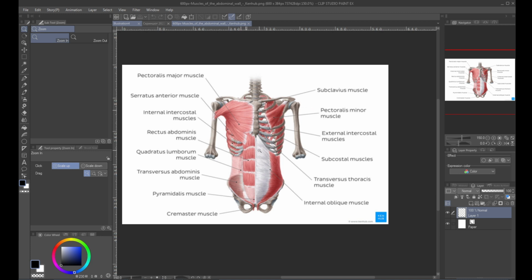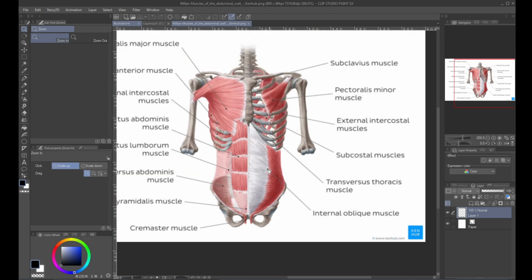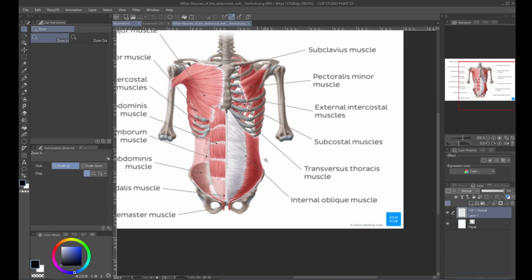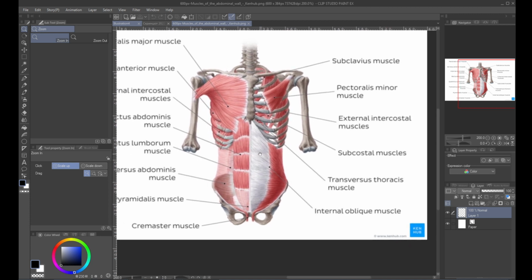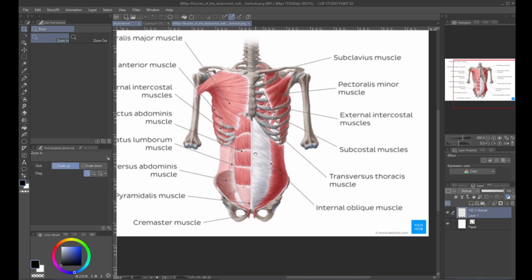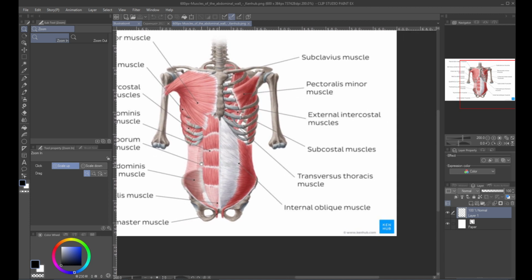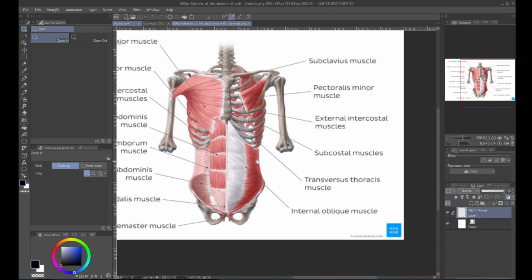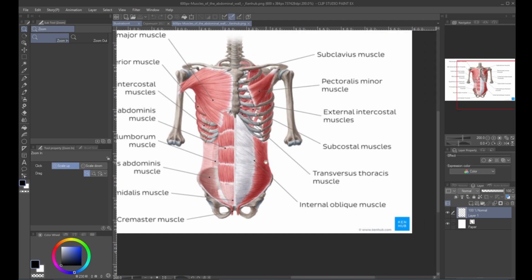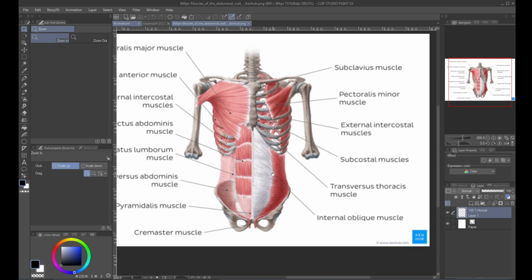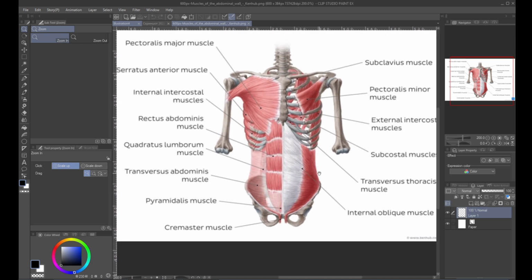And because abs are actually, you can already see it here. It's a huge muscle. It's not just, well, these rectangle shapes. It's actually more than that. We have the external oblique going here, allowing us to rotate the torso and do some exercises.